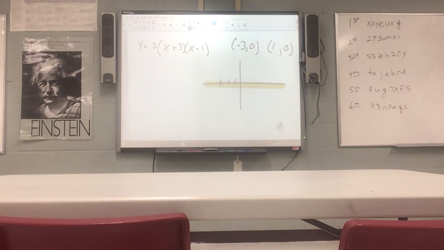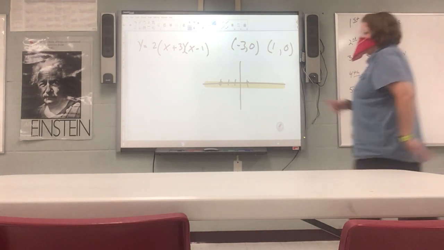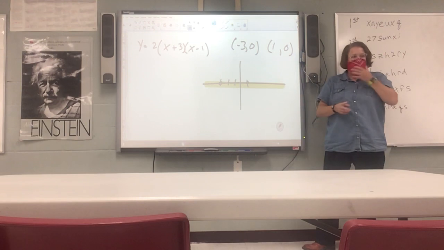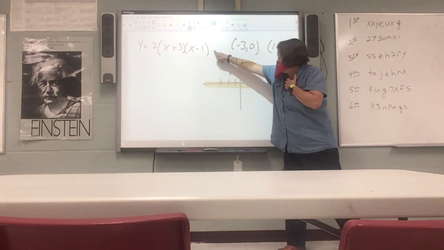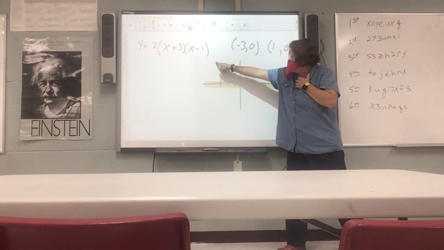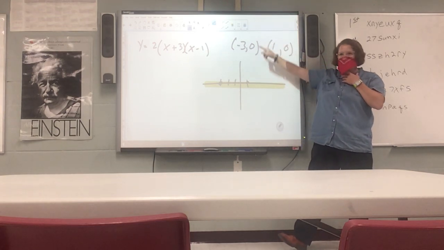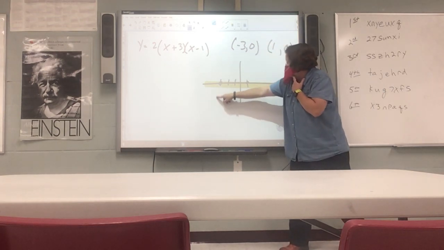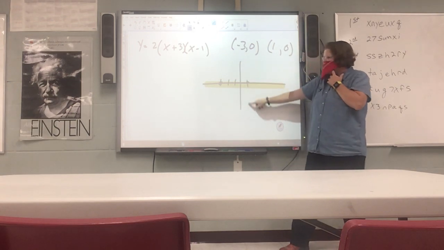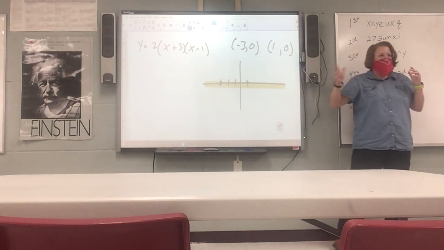Second one I would go right 1 and up 0. Now what this could be, we got 2 choices. This could be a parabola that goes like this and hits both of those points, or it could be a parabola that goes like this and hits both of those points.